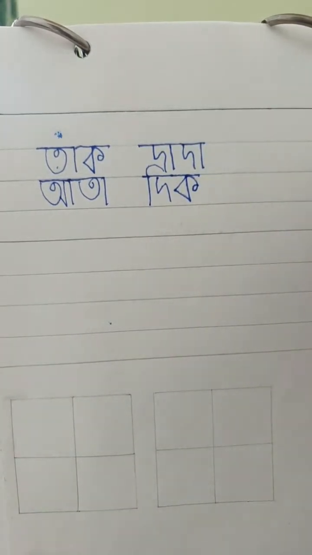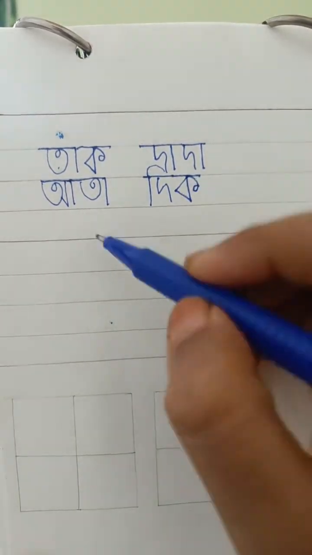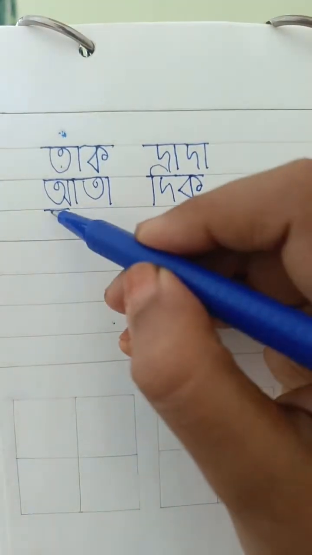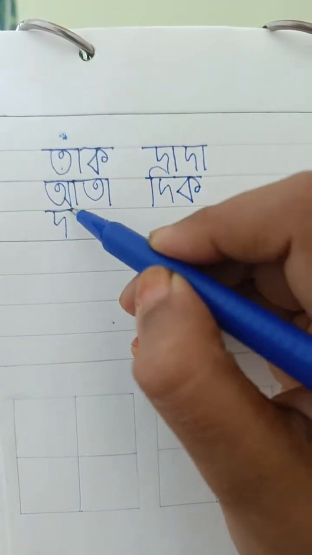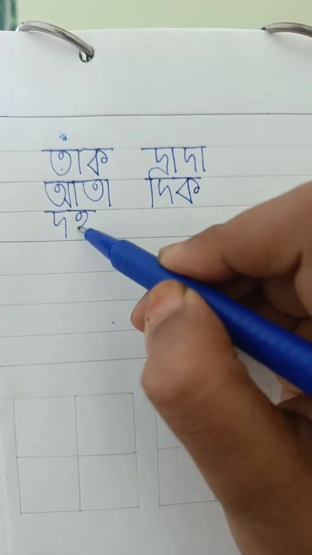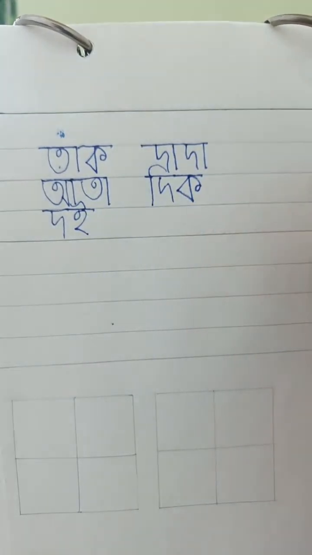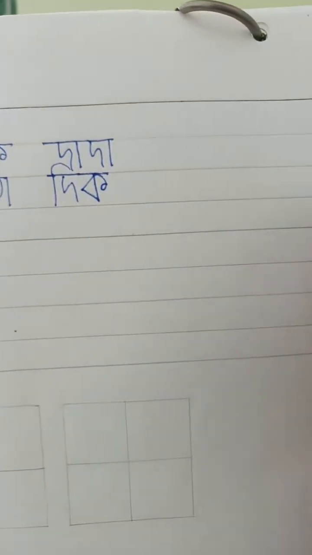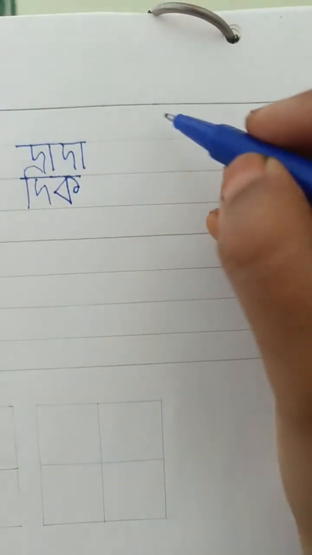So that's dik. And if you have to write doi, for example, where you have the rasho e in the spelling, so you write da, and while you write the rasho e, this loop is coming here. That's okay. So depending on your handwriting, you might be going a little smaller as well.